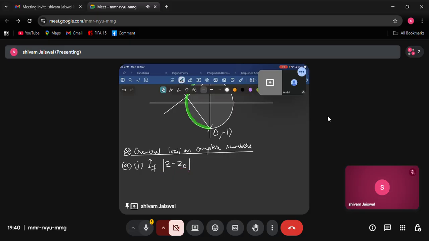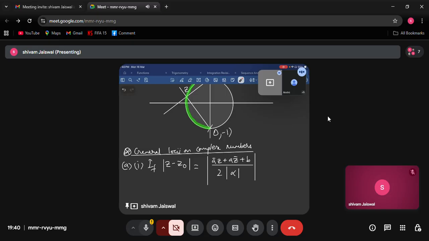This is equal to mod of (a bar z plus a z bar plus b) upon 2 into mod of alpha. Now you people tell me, what does the right hand side represent? If you're looking at this expression for the first time, what comes to your head?